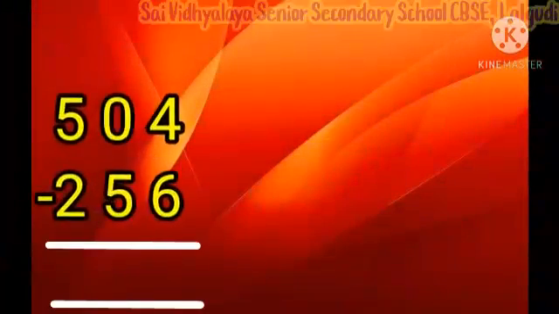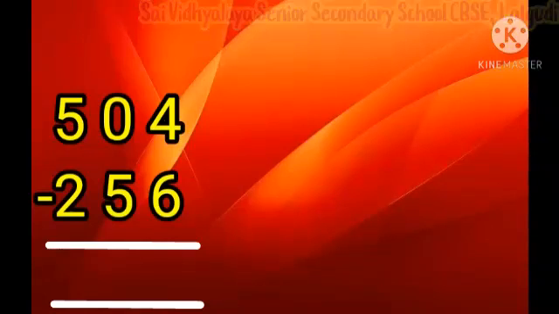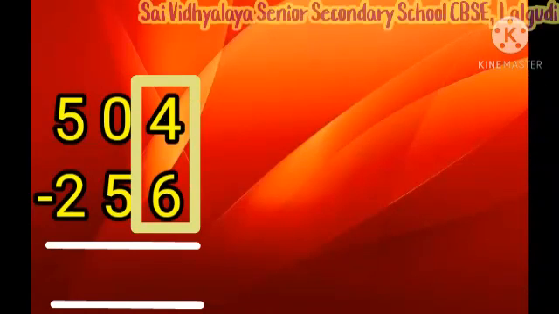504 minus 256. Let's subtract. Subtract the numbers in ones place. Here in ones place we have 4 minus 6. But we cannot subtract 6 from 4.